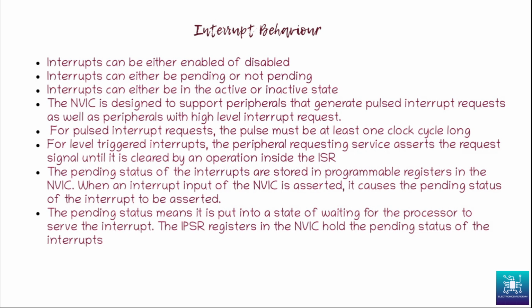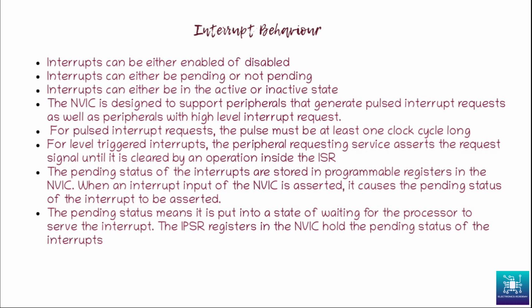Okay, so this is about how the interrupt lines are being asserted. Sometimes interrupts will be accepted for an active high, for an active low, or a level triggered interrupt. Now for pulsed interrupt requests, the pulse duration must be at least 1 clock cycle long.